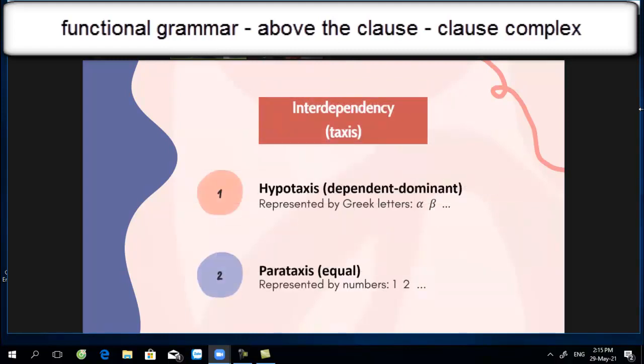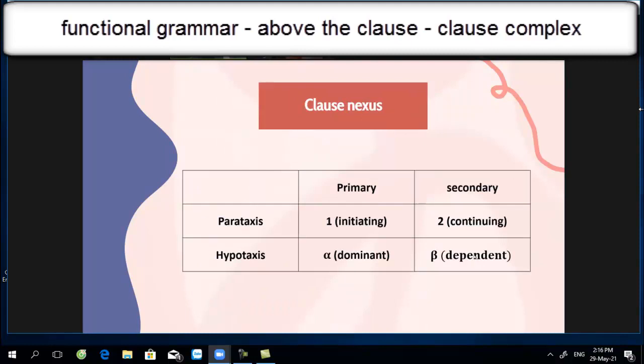For parataxis, câu đẳng lập or cú đẳng lập, right? Some elements, the clauses are equal, and they are represented by numbers 1 and 2. For any clauses with this kind of relationship with the interdependency, we can call it clause nexus.